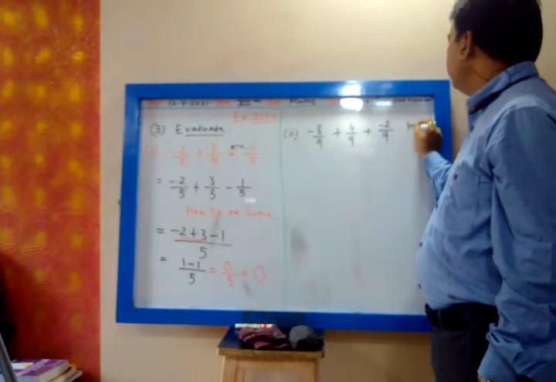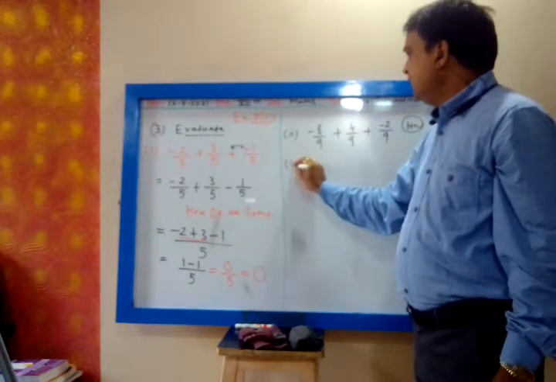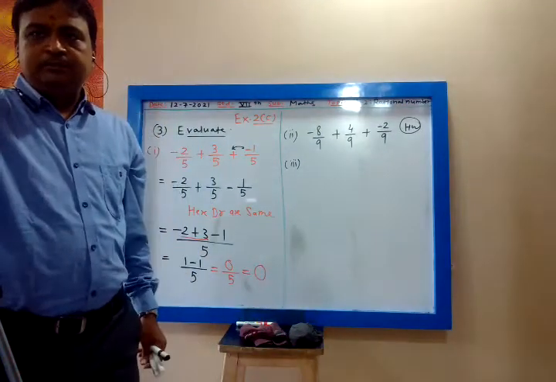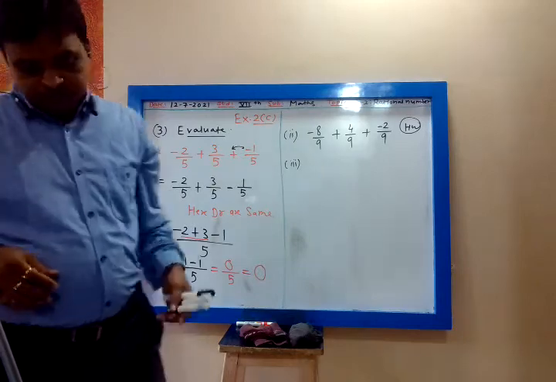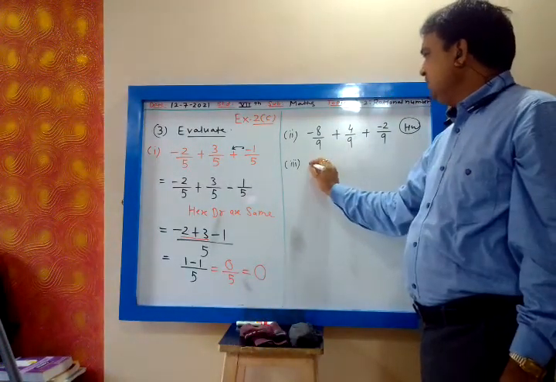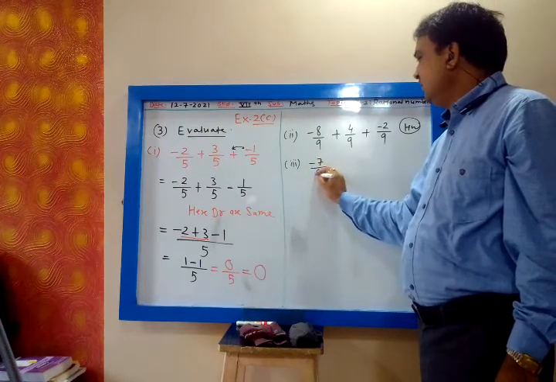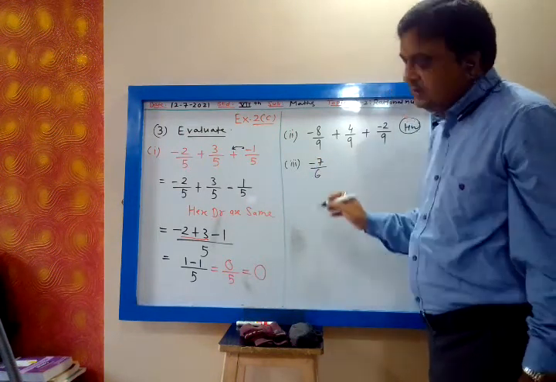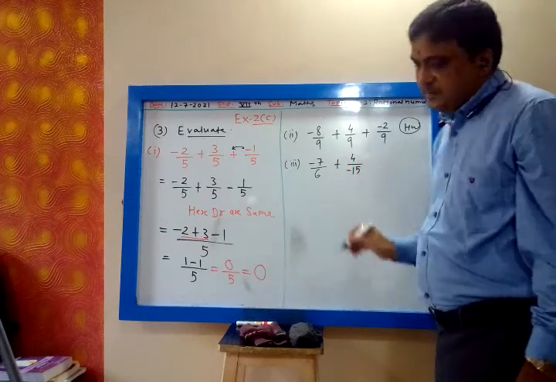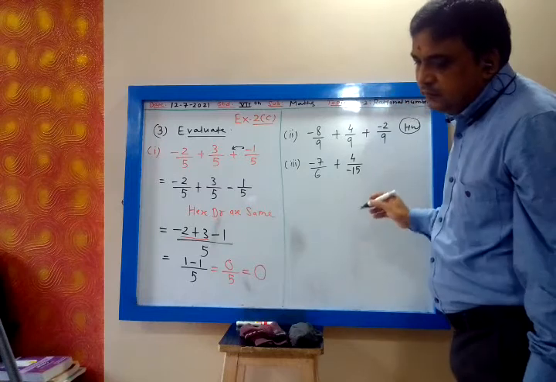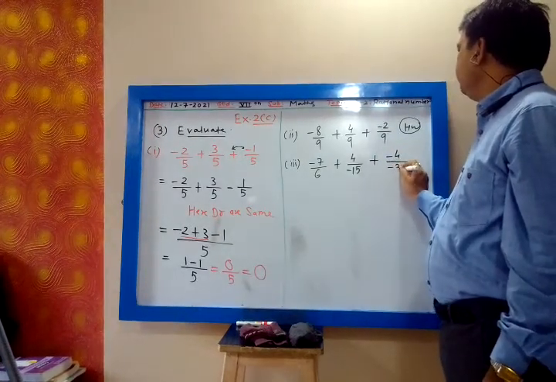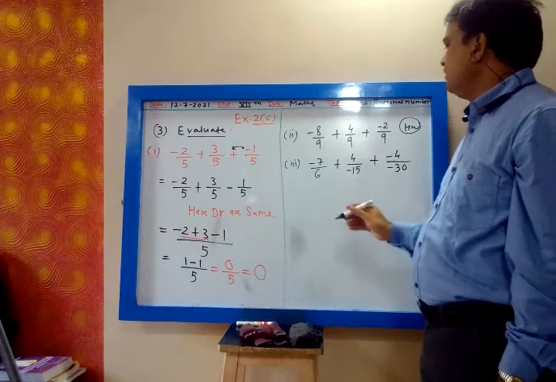This will be homework. Then third part: minus 7 by 6 plus 4 by minus 15 plus minus 4 by minus 30. Let me solve this. Second is homework, third one I will solve.